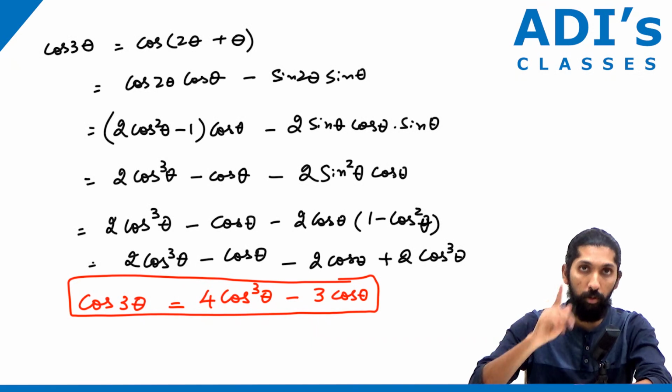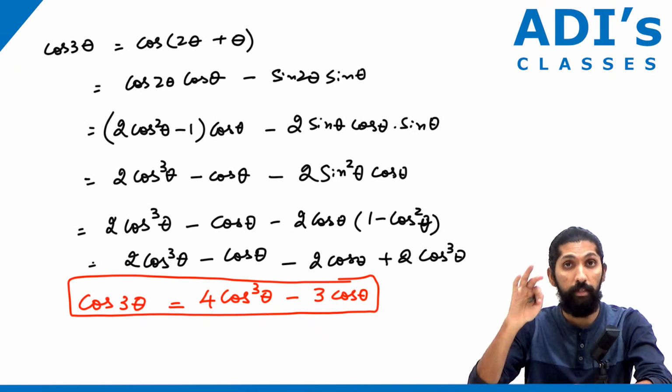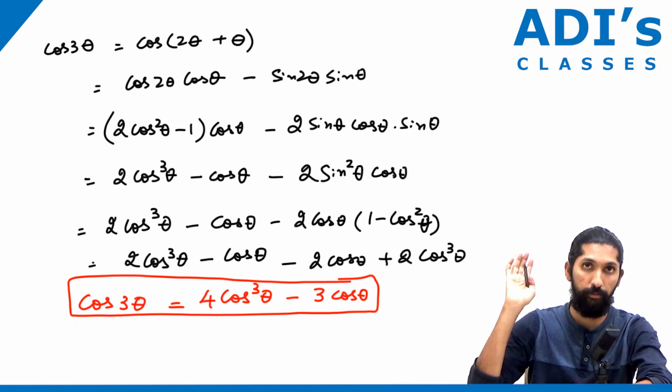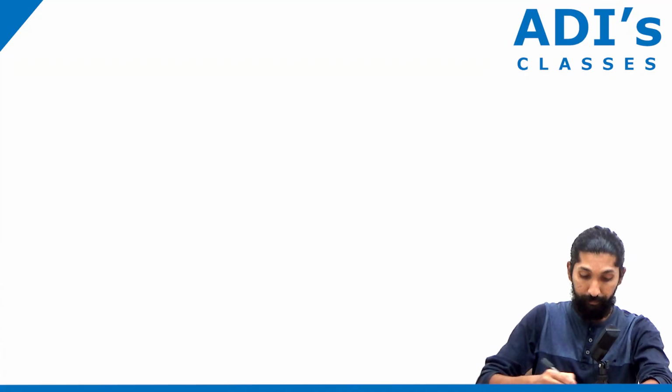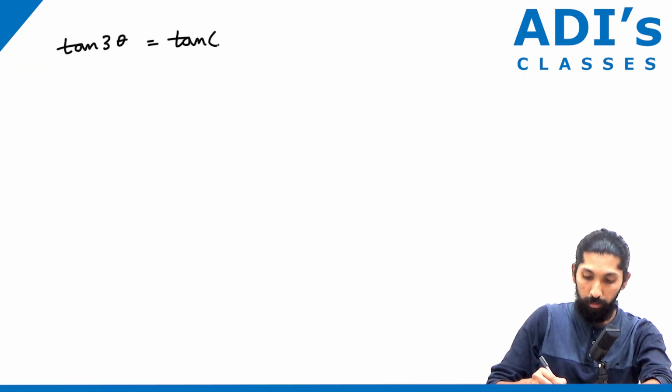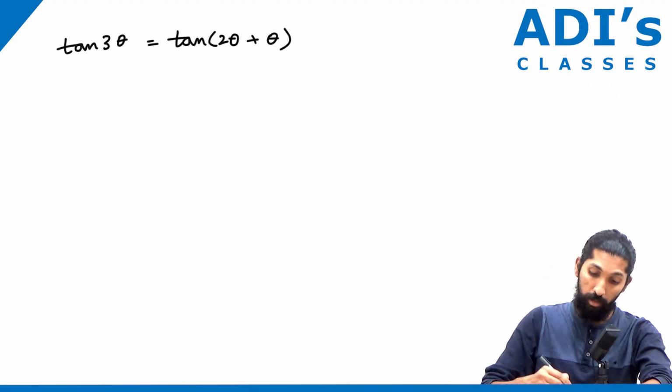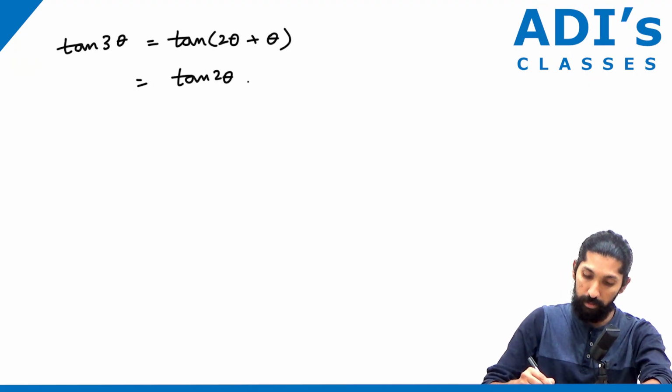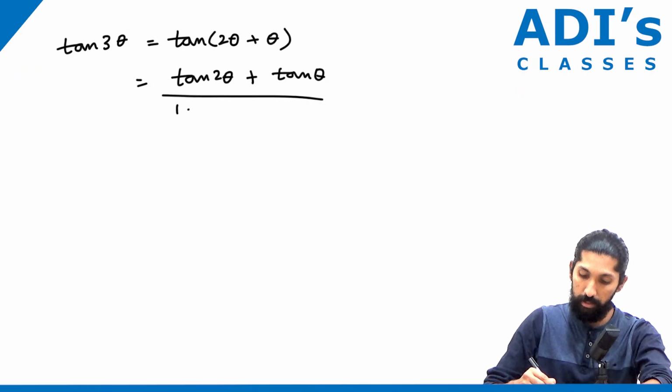Alright, now we have one more, that is the tan 3 theta. We'll finish that last one now. Again, we use the same logic. Tan 3 theta, tan of 2 theta plus theta. Now you are going to have tan 2 theta plus tan theta by 1 minus tan 2 theta into tan theta.